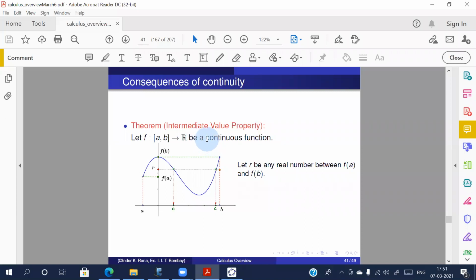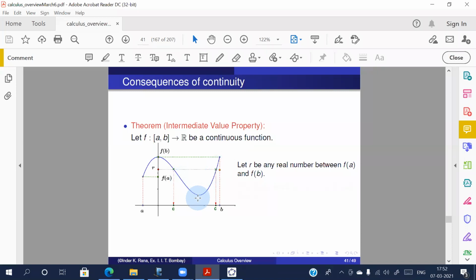Because if the range is bifurcated into two parts, then there will be a point in between where the value will not be taken. So the intermediate value property has many ways of being said: the image of an interval is an interval, and geometrically it says the graph of a continuous function cannot be broken. If you start drawing the graph of a continuous function, it cannot have a break in between.